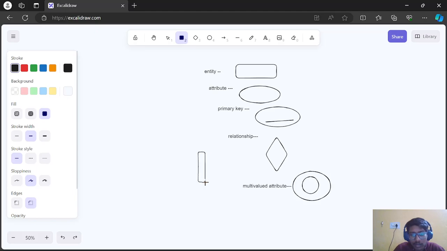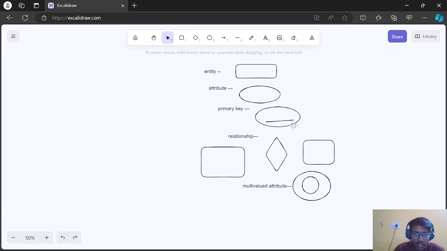One entity and the other entity are connected through the relationship, and we have to write what kind of relationship it is.